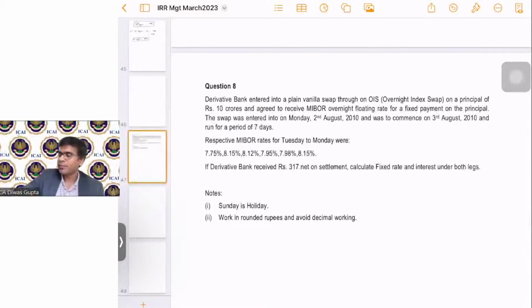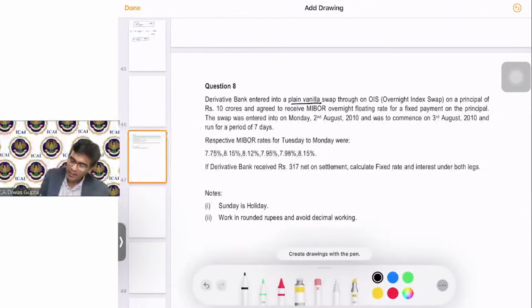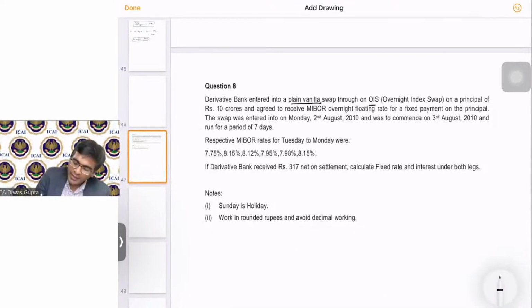Yes, this is question number 8. It says that a derivative bank entered into a plain vanilla swap through an OIS, overnight index swap. I think most of you now know what this term means.